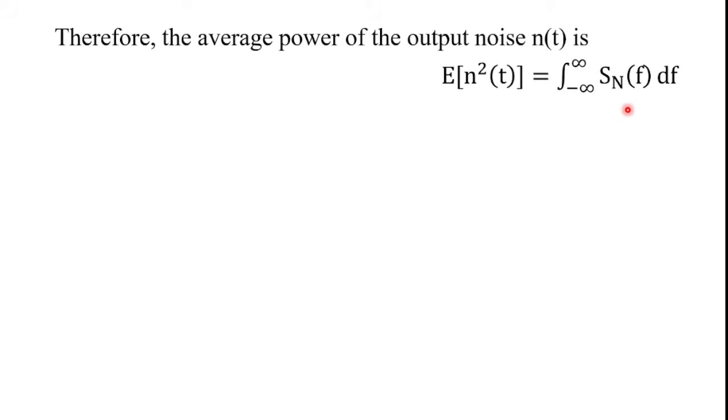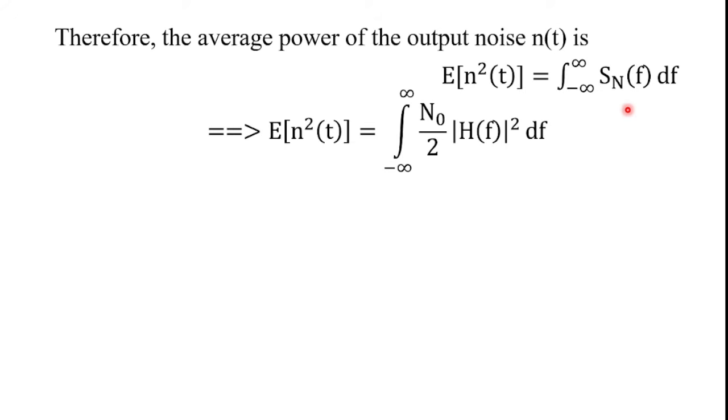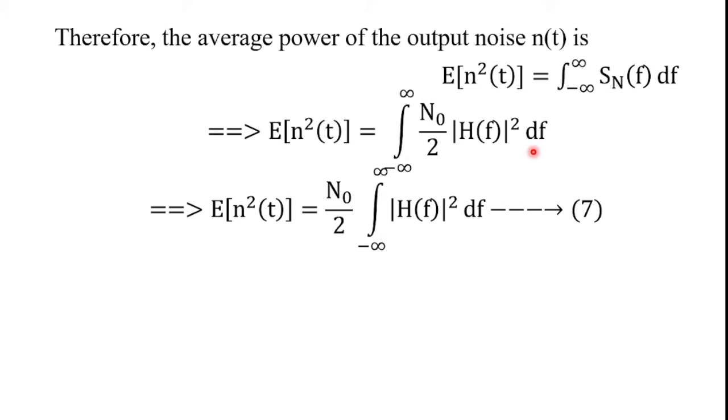Substituting the power spectral density of the output noise here, we get the expectation of n square of t equal to the integral from minus infinity to infinity of N naught by 2 magnitude of H of f whole square df. N naught by 2 is constant, so it is written before the integration. We get the expectation of n square of t equal to N naught by 2 times the integral from minus infinity to infinity of magnitude of H of f whole square df.